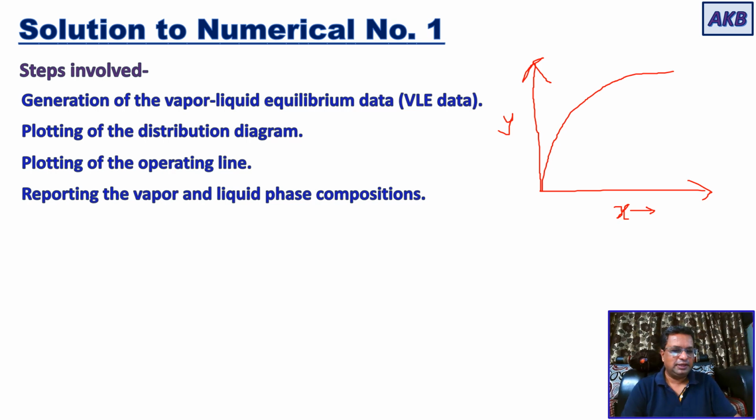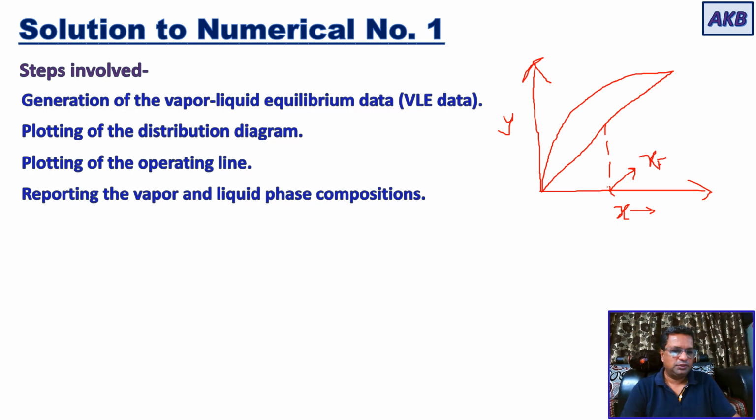Then we will plot the operating line. If you please watch my earlier video, there I have explained how to plot the operating line for flash distillation. It is plotted like this. You have the diagonal line. Then you just have to locate a point on the diagonal line which has coordinates xf, xf. xf is given to us.